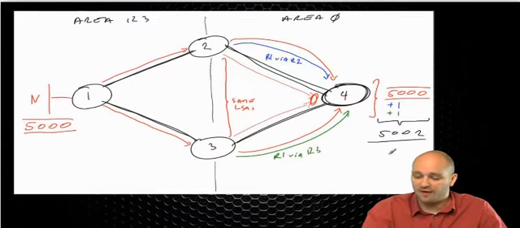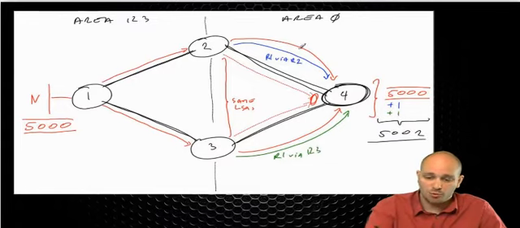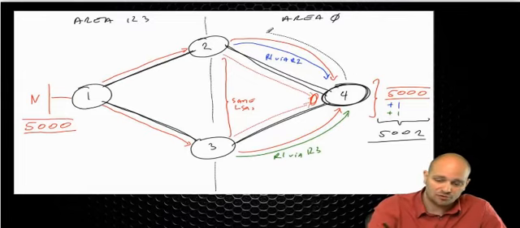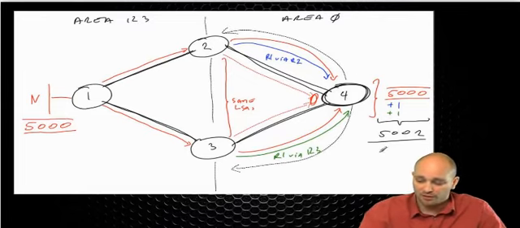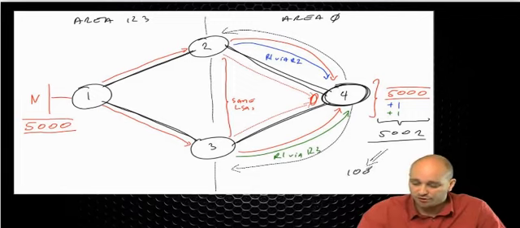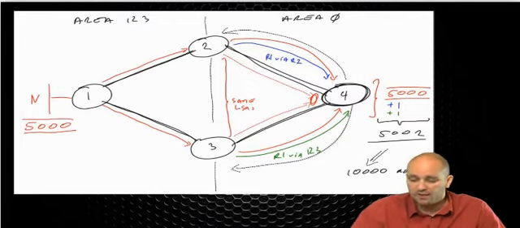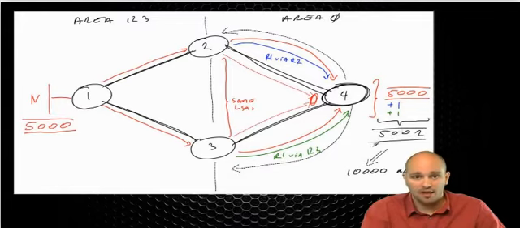And based on these 5,002, I can actually compute two equal cost routes for both of these networks. So what actually ends up in the routing table are 10,000 routes based on only 5,002 LSAs.